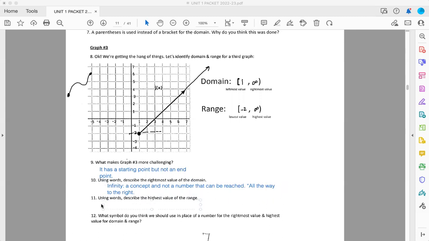For the range, also the same idea: all the way up for the range. Make sure you remember this well.